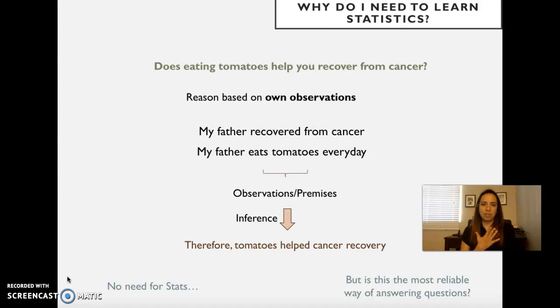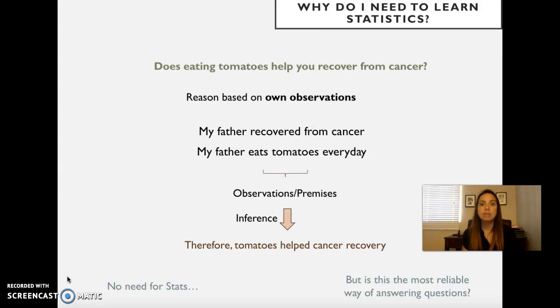If somebody tells me, let's say I made this conclusion and somebody said to me, well, but you can't be sure. And typically some people get reactive. No, I know, I've seen my father recovered from cancer and he eats so many tomatoes. It is totally possible that these two observations are true, but we have to consider the fact that my father, right, did not just eat tomatoes. He engaged in other behaviors that might have helped, including treatment, right?